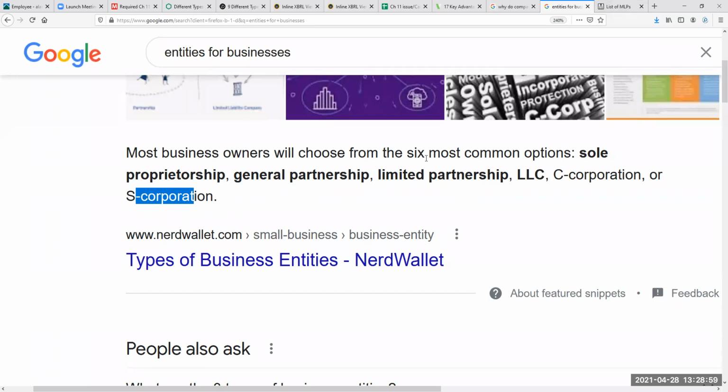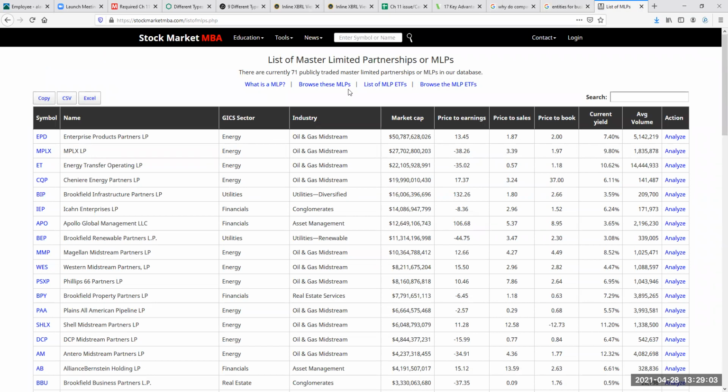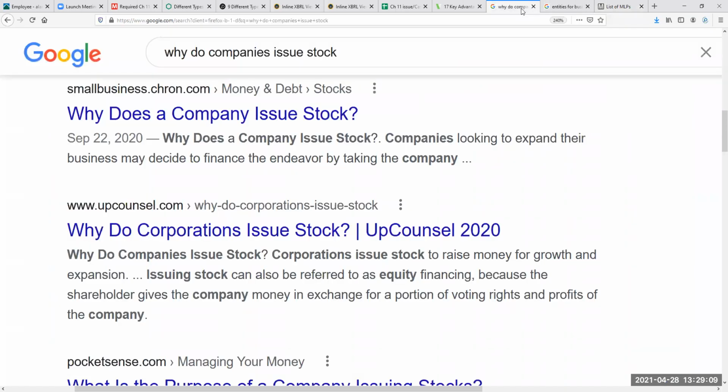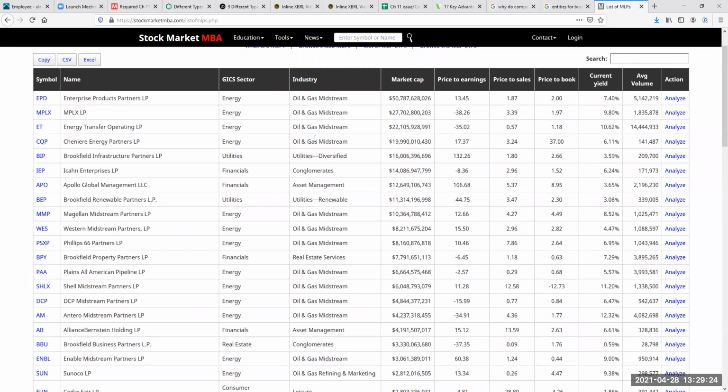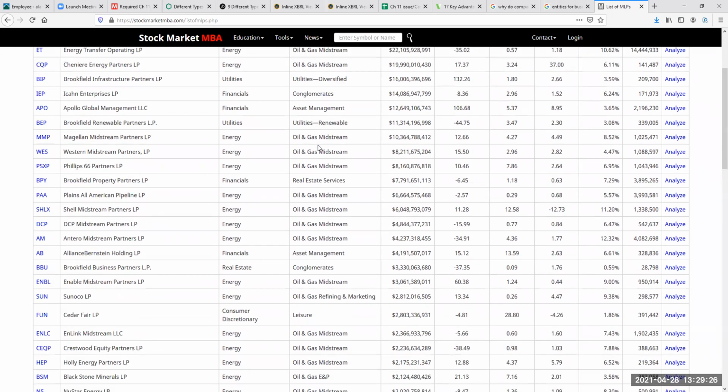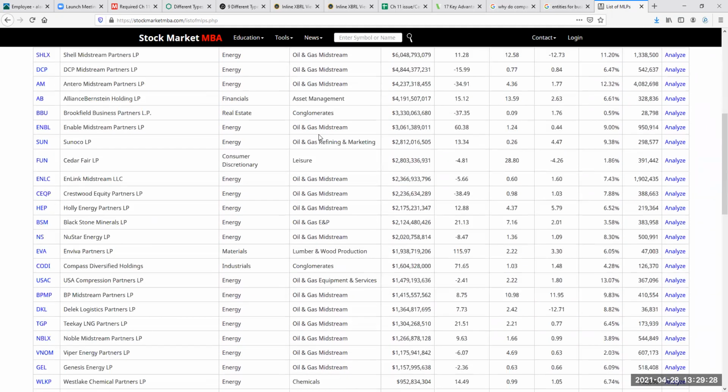But now you can also have, what's not listed here, publicly traded partnerships. So these are stocks traded on the stock exchange as well, but they're a partnership. So when you buy in, instead of getting stock, you're a limited partner. And look at the kind of industry they're in: oil, utilities, conglomerates.